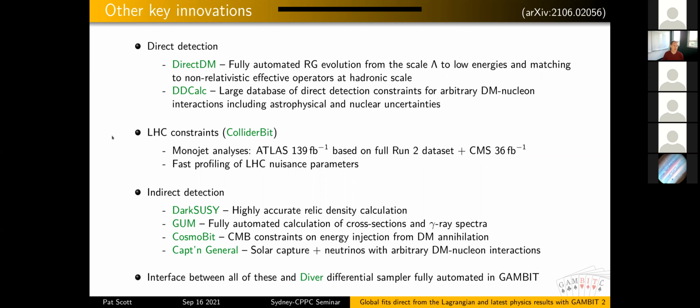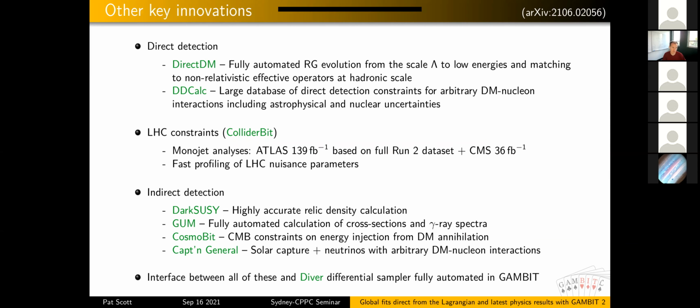So there were a few other things that we did in this study that were kind of important innovations. We used DirectDM to actually do a full renormalization group evolution from the new physics scale down to low energies.